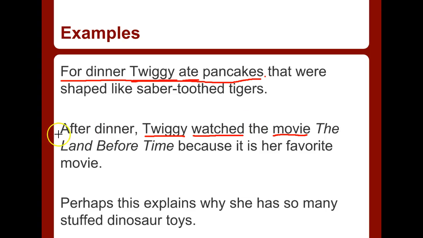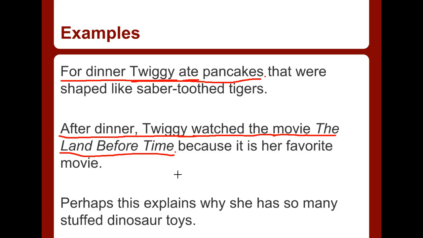We also have to include modifiers, which means we have to include the words after dinner. We got to include the word the. And in this case, Land Before Time is an appositive, which is also a modifier. So the entire independent clause is after dinner, Twiggy watched the movie The Land Before Time. I could put a period there. It is a complete sentence.